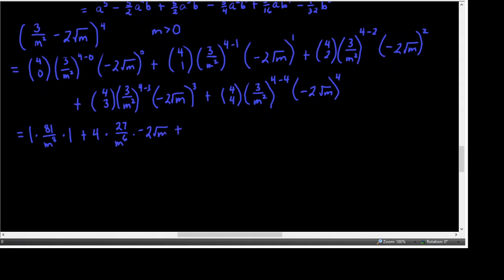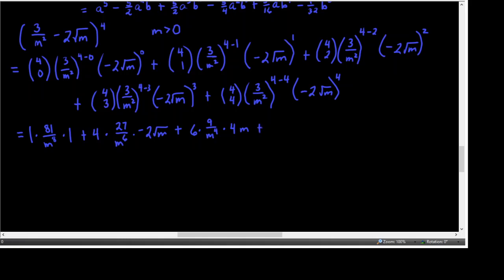Now 4 choose 2 is 6. 4 minus 2 is 2. 3 squared is 9. m squared squared is m to the 4th. 2 times 2 is 4. And negative 2 square roots of m squared is positive 4m. The square of negative 2 is 4. The square of the square root of m is m.